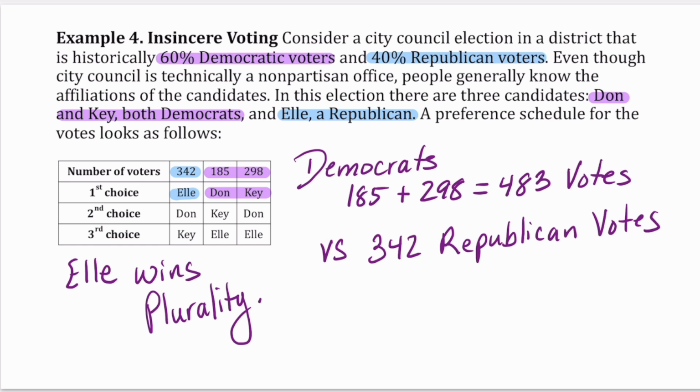So in this case, we're looking at an election where you might say that the vote was split among the Democrats. There are 483 who voted Democratically.